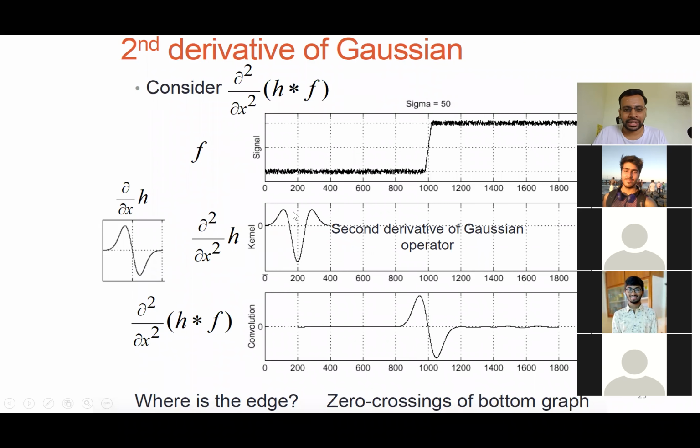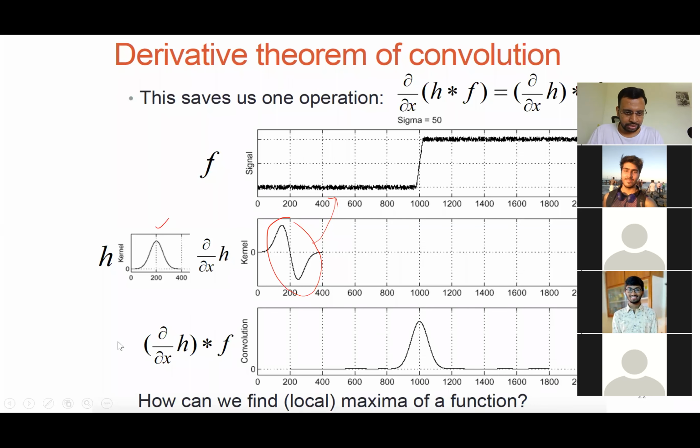Again we are plotting a circle here in a continuous setting, but in fact you would have discrete values. Now, if you want to compute a second derivative, you have to take dou by dou x of the whole stuff. Again you exploit the associative property, and that is equivalent to just taking one more derivative of dou h by dou x.